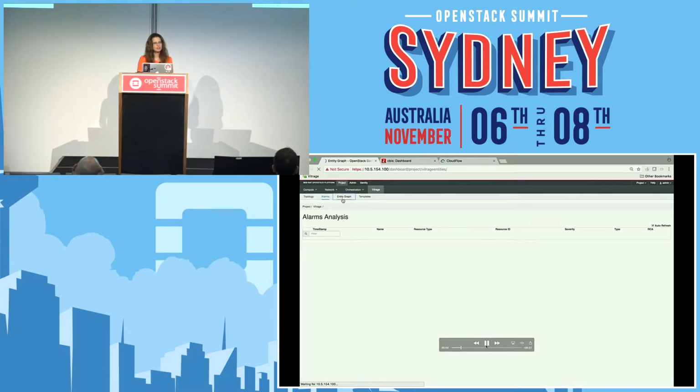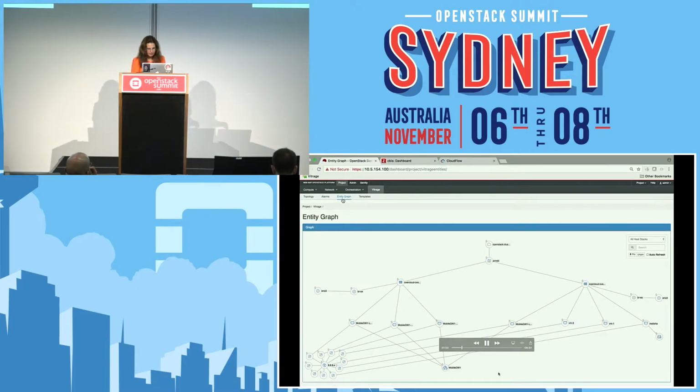Let's go to the Vitrage entity graph. This is where we see all the resources that are collected by Vitrage. Vitrage collects resources from different data sources, OpenStack components like Nova, Neutron, Cinder, Heat, and also alarms from external monitors. All of this information is put into one topology graph where you can see resources from the physical layer, the virtual layer, the application layer, how they are related to one another, and how they affect one another.